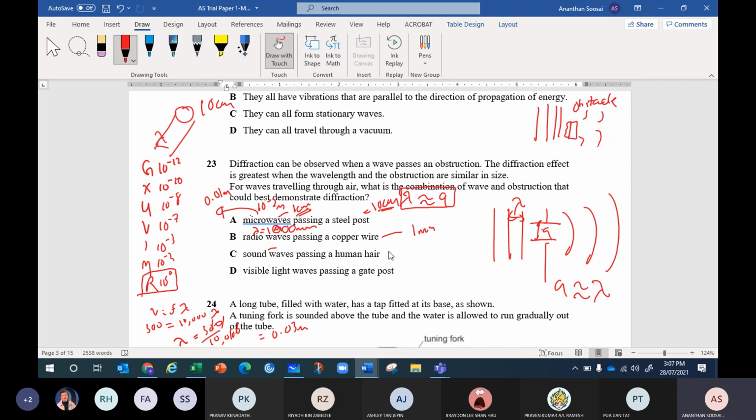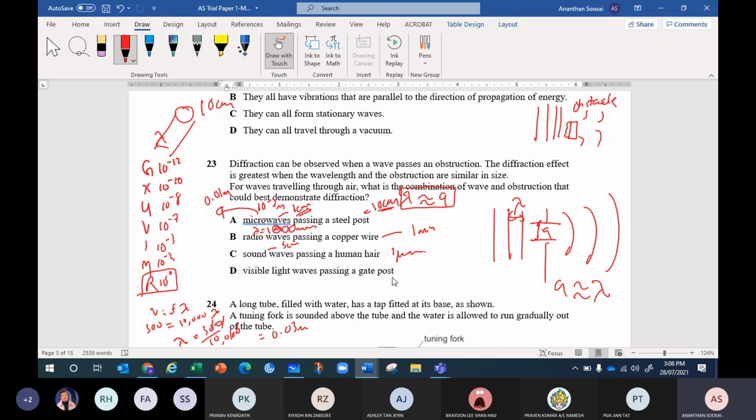Human hair is a few micrometer, let's say 1 micrometer. The sound wave is like 3 centimeter. 0.03 meter is like 3 centimeter. 3 centimeter versus 1 micrometer, a big difference too.